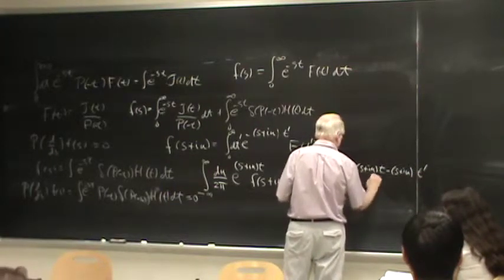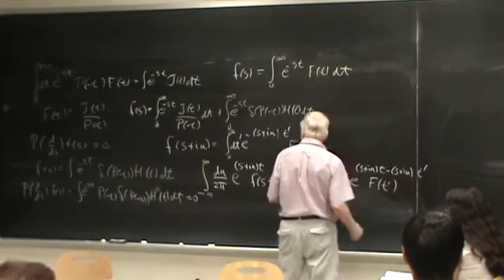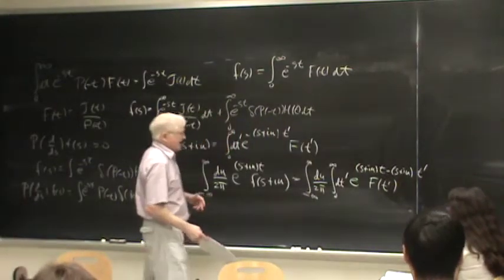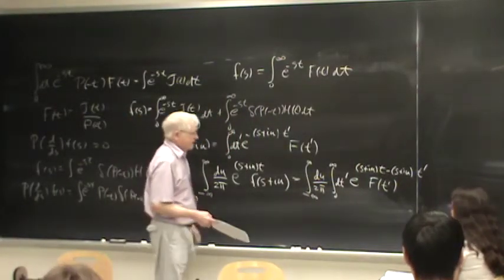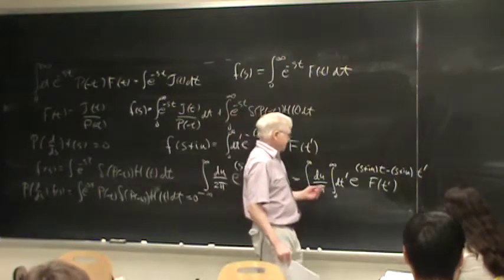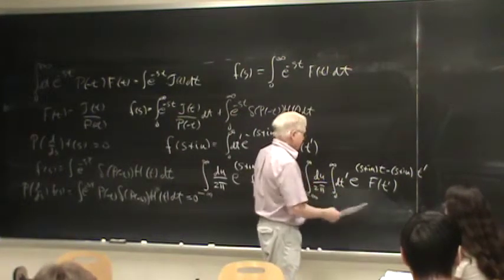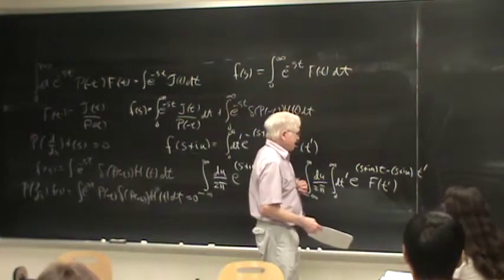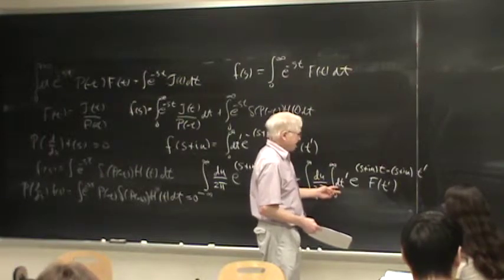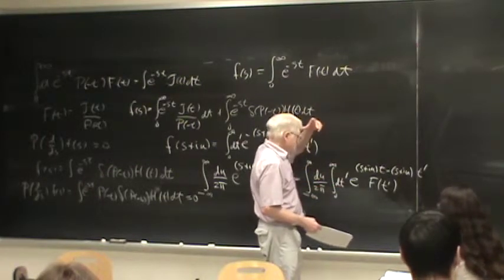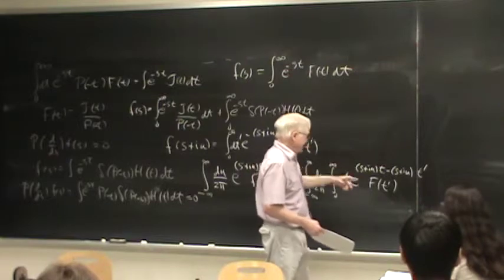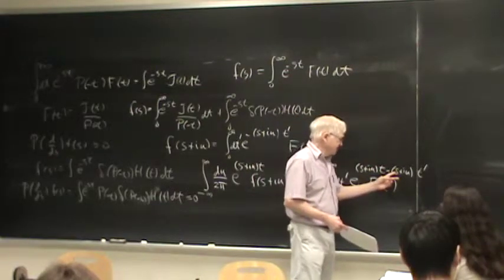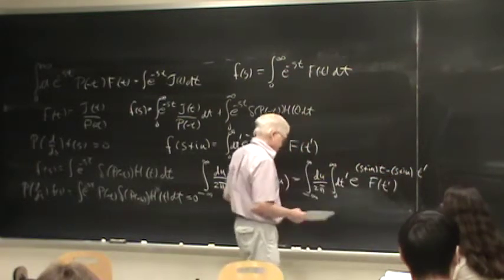And what's left here is f of t prime. So I want to pick a value of s that's sufficiently big so that all this integration makes sense. And we're integrating over t prime, and so we have an e to the minus s t prime, so that's going to suppress things.